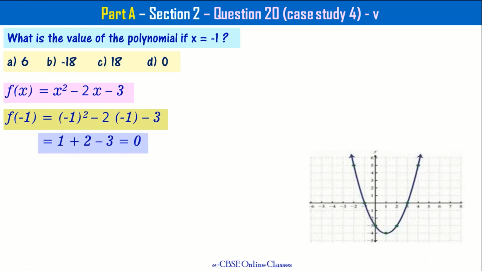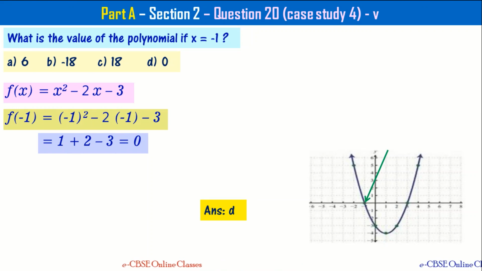So answer you get is 0. That is what exactly you see from the figure, right? At x equal to minus 1, the value of the curve is 0. So answer is choice D.